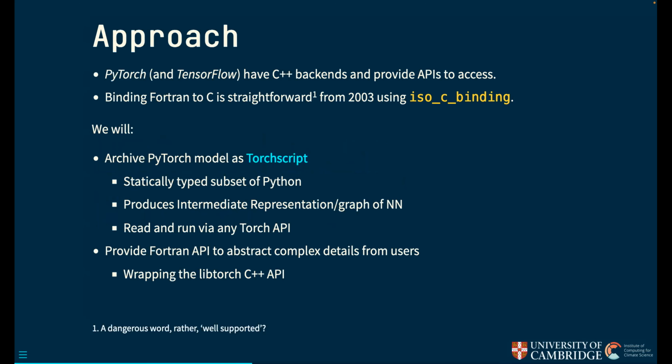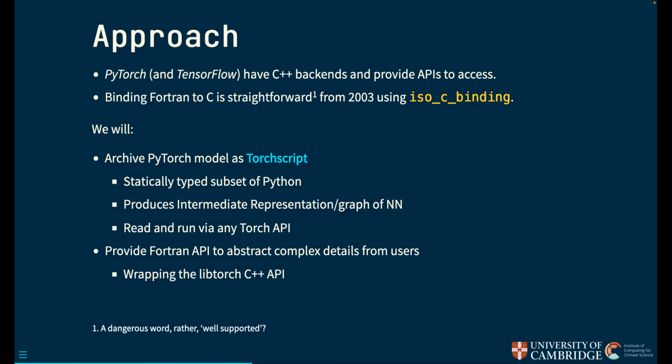Both PyTorch and TensorFlow have C++ backends with APIs to access the underlying codes, and binding to C from Fortran and through C to C++ is at least well supported, if not completely straightforward in Fortran now. So the approach we're going to take is we save our PyTorch models as TorchScript.